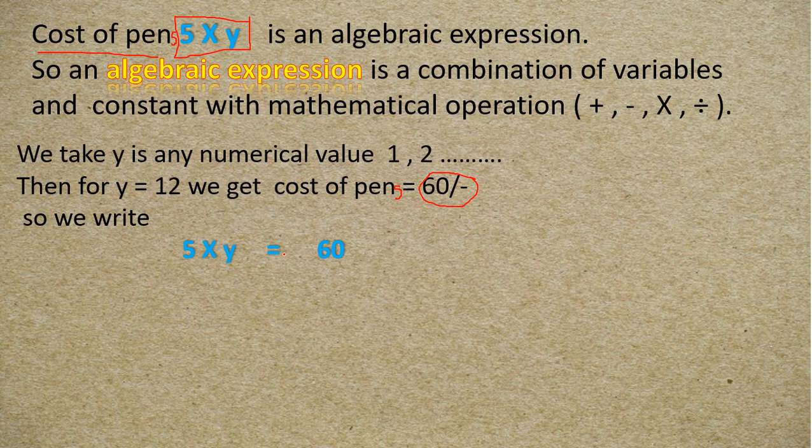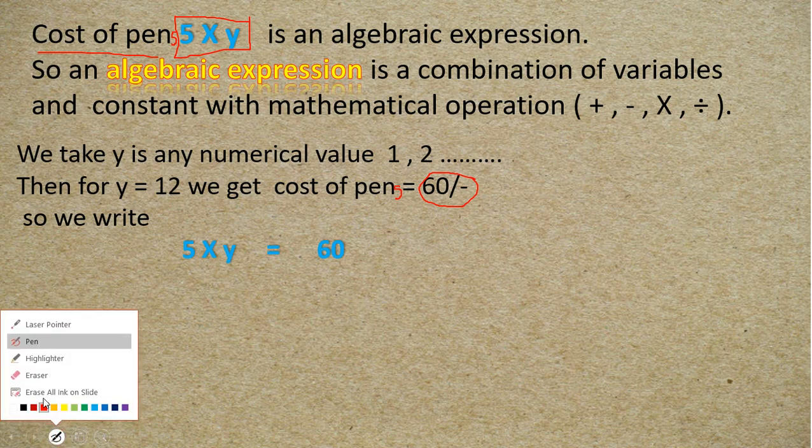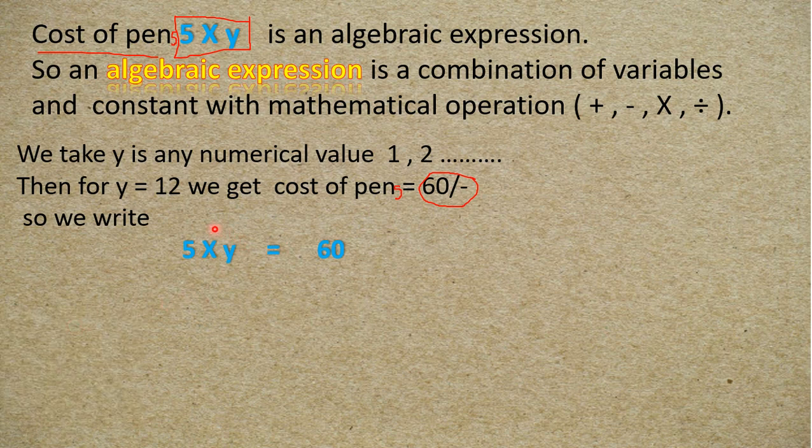Meaning if they are representing the same, then to show they are the same, in between these two we place an equal to sign. So here the expression 5xy is an algebraic expression. Also this 60 is an algebraic expression.